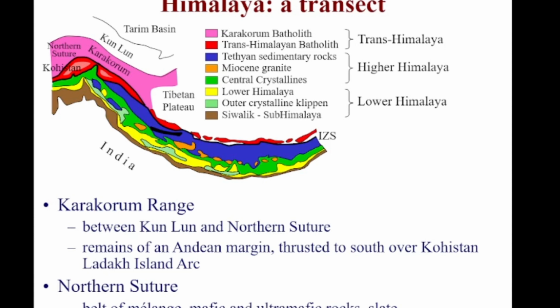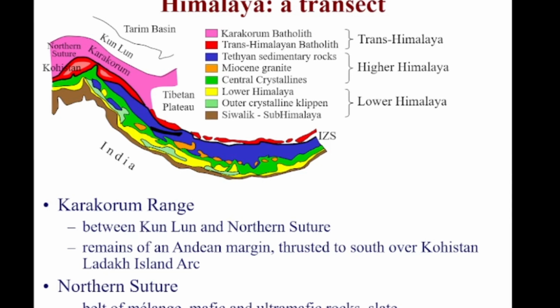So this was the aerial view. Karakoram ranges between the Kunlun and the north, what we discussed here. Remains of the Indian margin thrust to the south over Tethys. Okay, Ladakh is in between the main central crystalline zone and the Karakoram ranges.